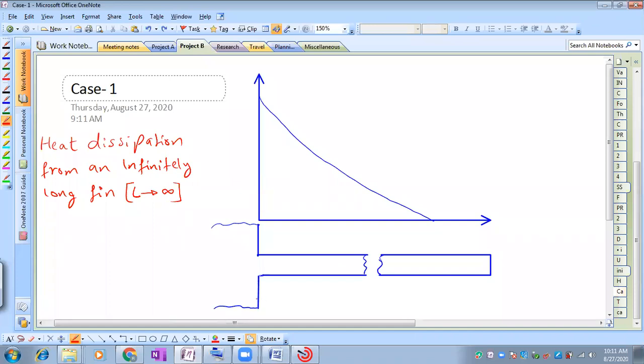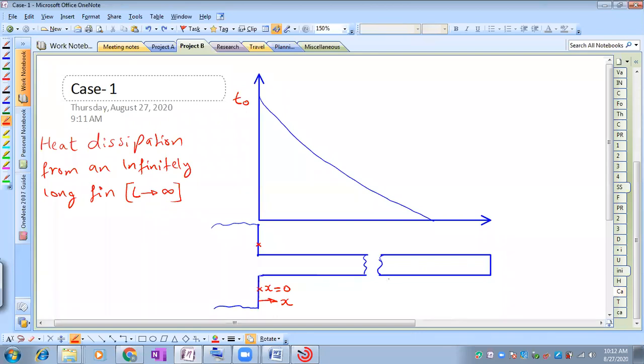For example, if this is a fin and the heat flows in the x direction, at this point my value of x will be equal to 0. And if x is equal to 0, the temperature at the base of the fin will be T0. So I consider T0 the temperature at the base of the fin, that is at this place.